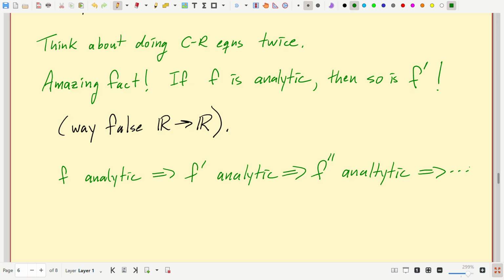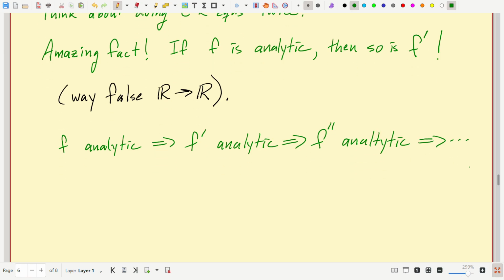Dot, dot, dot. And when you think about it, remember, f being analytic meant that u and v had first partial derivatives. And if you do that again, it means they have second partial derivatives, etc. We conclude that the u and the v are actually C infinity smooth.